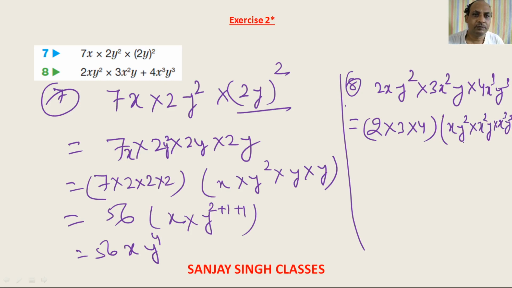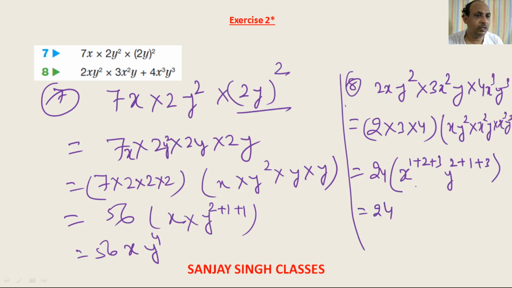Then here 3 into 2 is 6, into 4 is 24, and x to the power 1 plus 2 plus 3. Then y to the power 2 plus 1 plus 3.